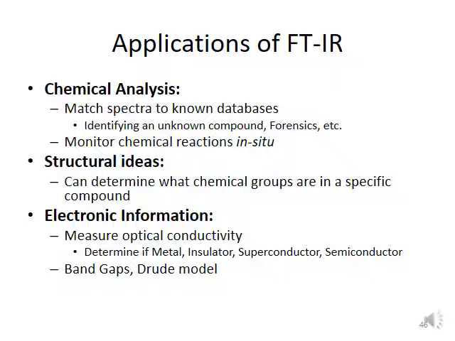Also, we can monitor the chemical reaction in situ. Some chemical reactions cannot be detected after the reaction has occurred, so we can simply use FTIR to monitor the chemical reaction.